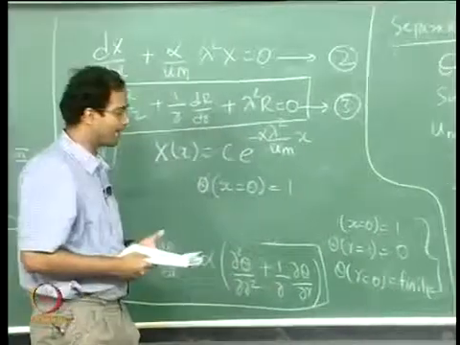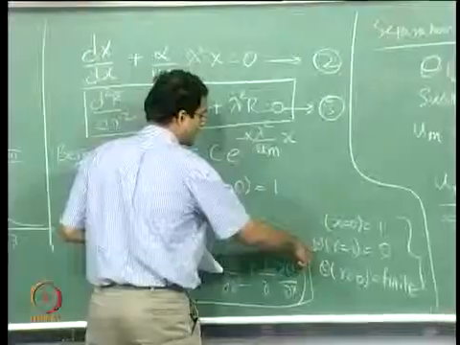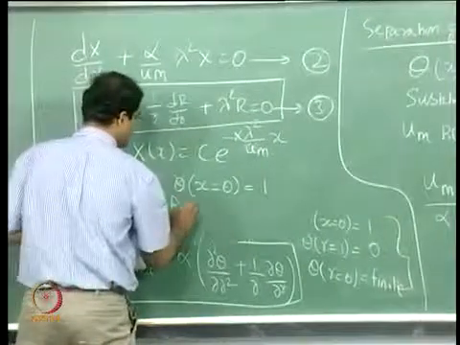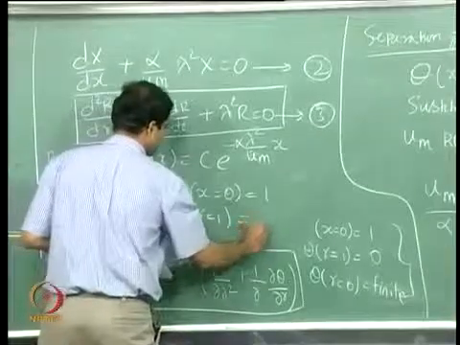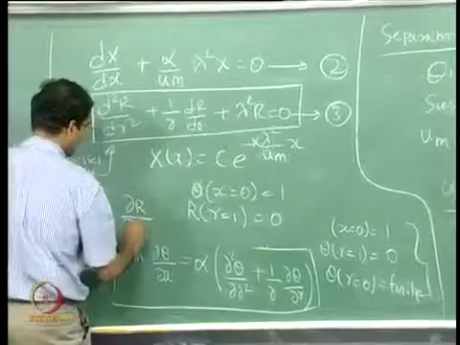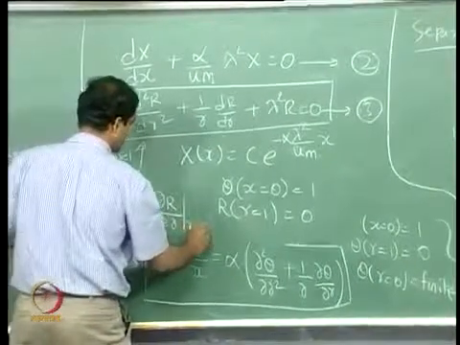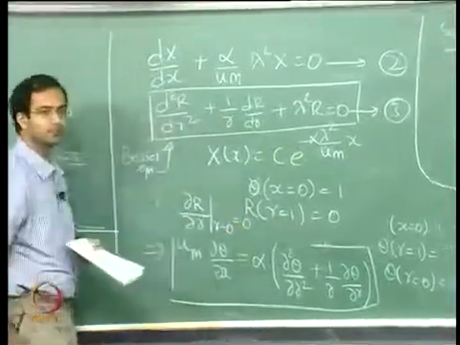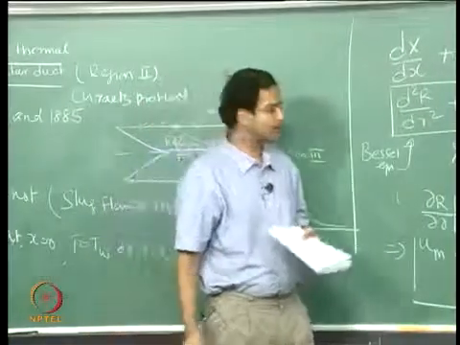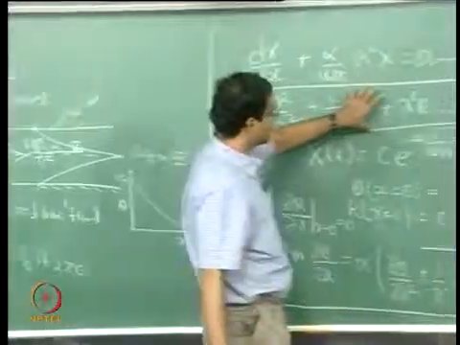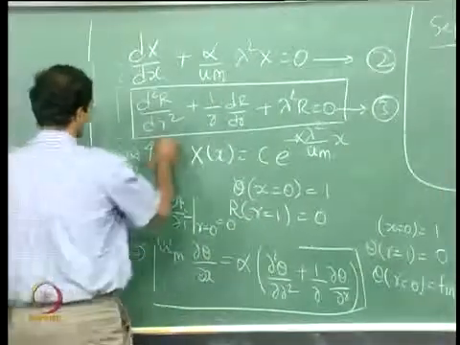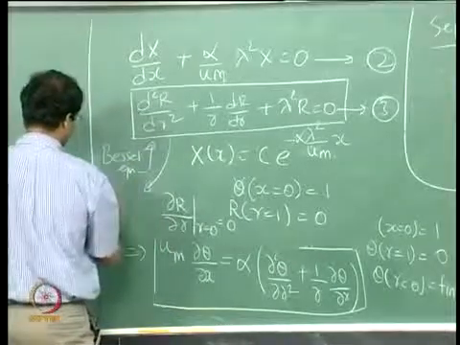So correspondingly, if you write theta as R into X, you can say that R at r equal to 1 should be 0, and your dR/dr at r equal to 0 should be 0, or your solution for R should be finite. So this is an ODE with 2 homogeneous boundary conditions, and this becomes what is called the eigenfunction problem.